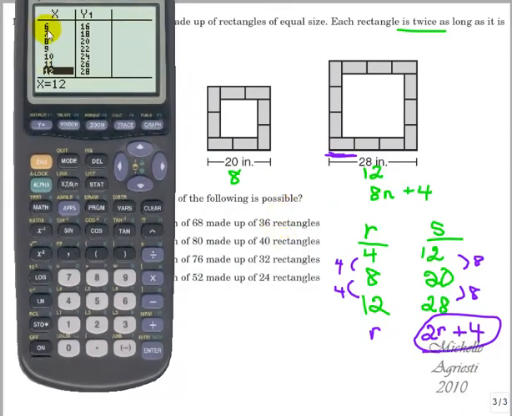So now let's see which. Okay, remember, X is rectangles and Y is side length. So 36 rectangles. Let's see, so we are going to go down to 36.